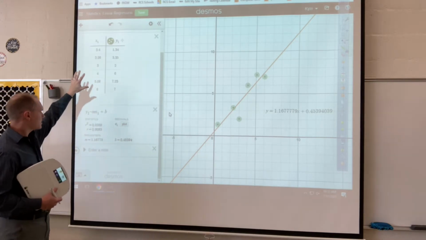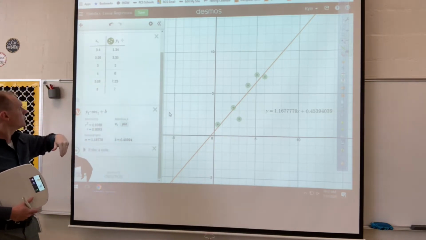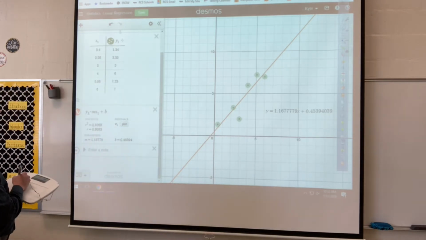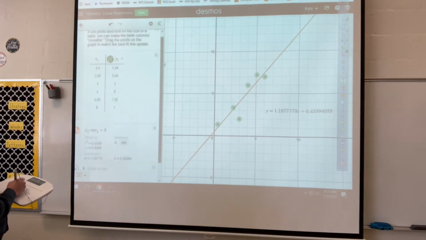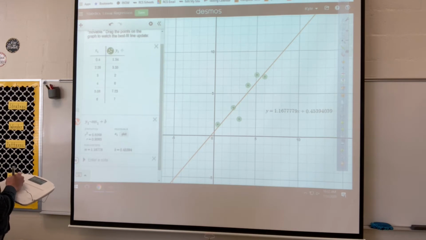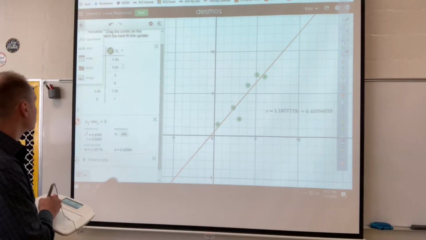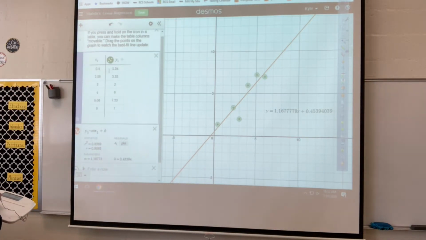I'm going to show you how to type all this in just a minute. Actually, I'll show you the basics right now. To get this table here, you just hit plus and then the table button, and that'll create a table. You can start typing in these numbers here if you'd like.